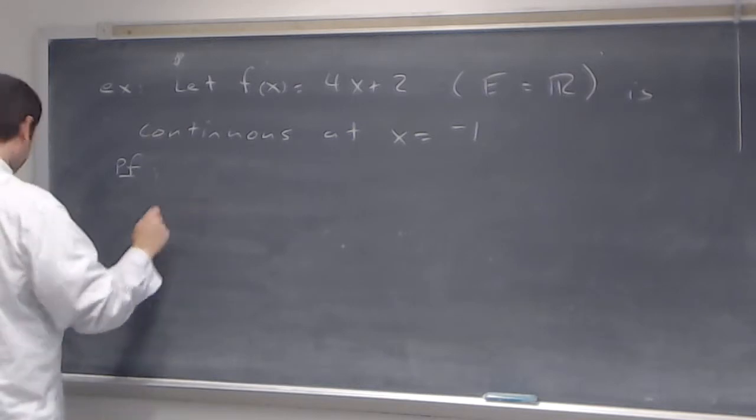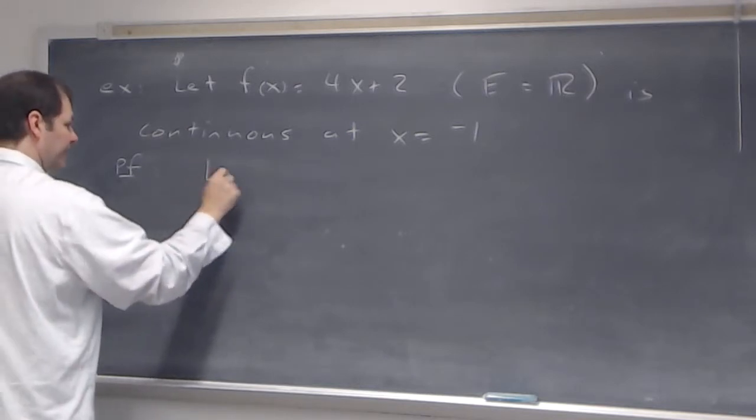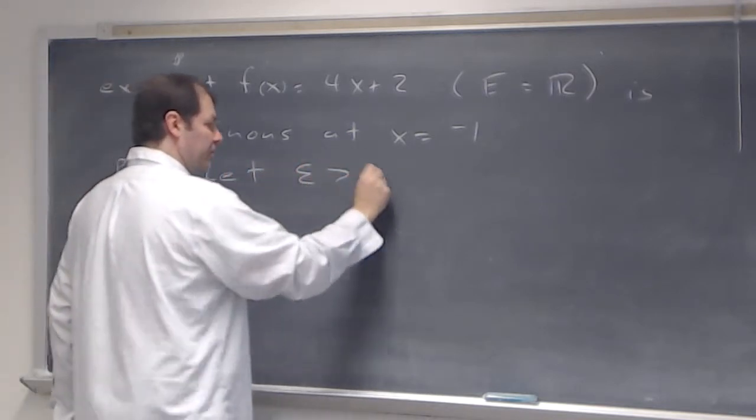Okay, so here we're going to start off by letting epsilon be greater than 0 be given. We're going to use the definition of continuity.